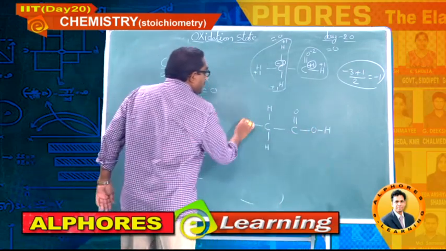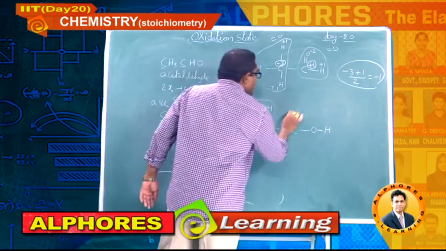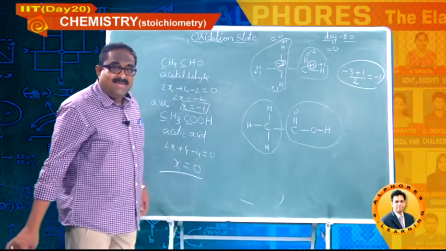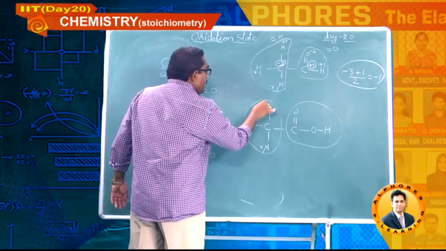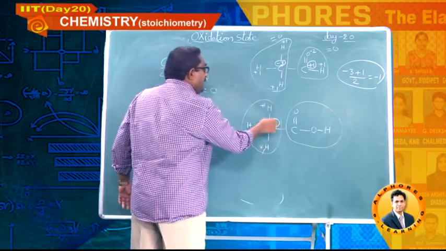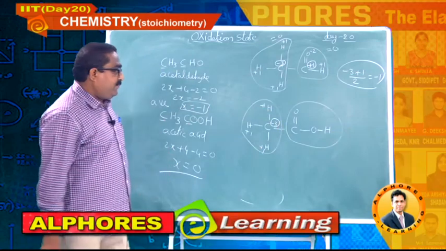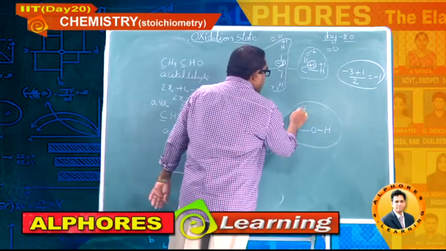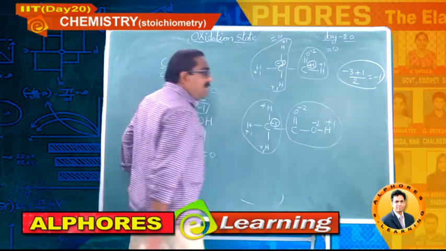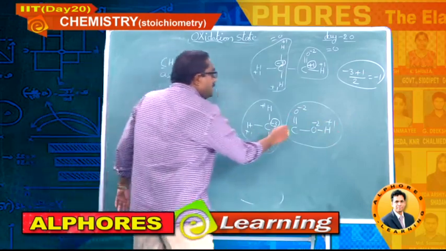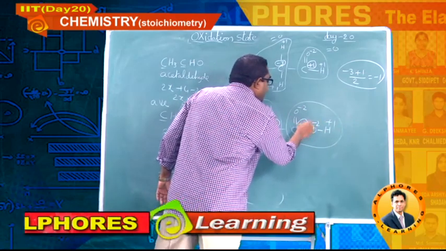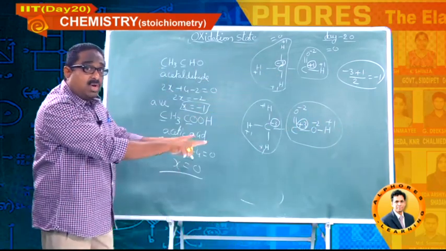So this entire thing should be equated to 0 and this entire thing should be equated to 0. Plus 1, plus 1, plus 1, so you should balance this carbon with minus 3. Here it is minus 2, plus 1. The net charge of the other elements is minus 3, so you should balance this carbon with plus 3 to get the net as 0.